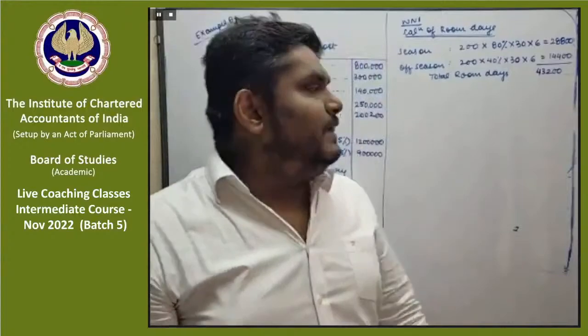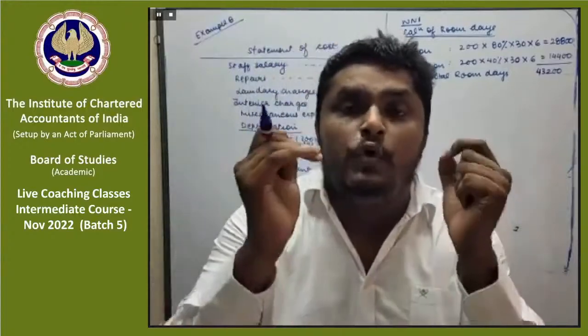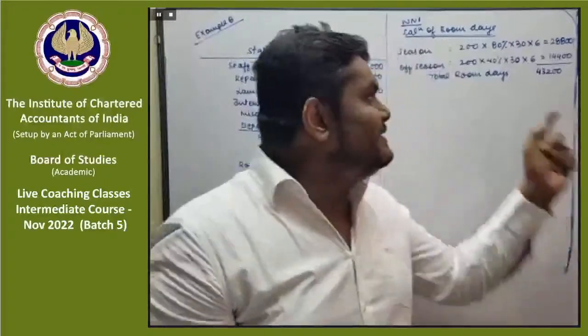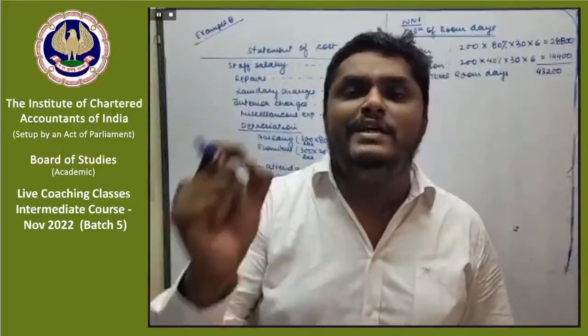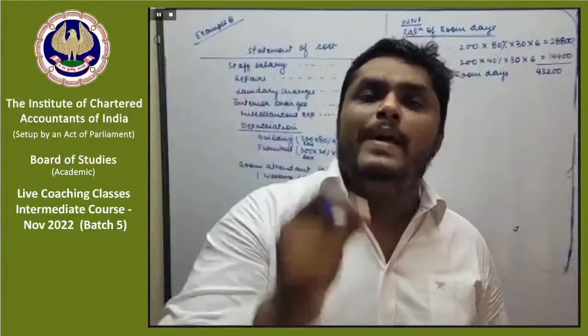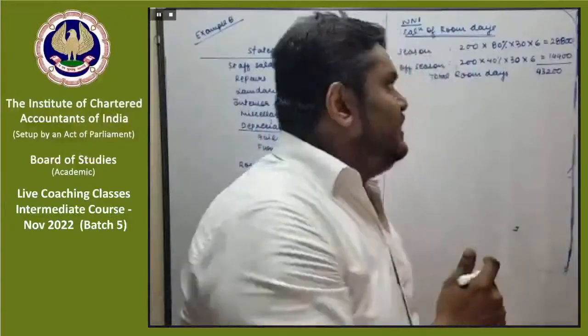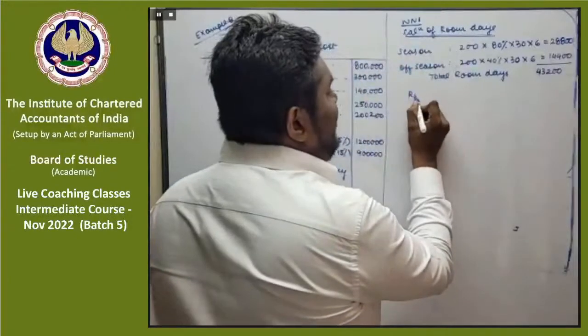So the total number of rooms occupied in a year is how much? 43,200. And the room attendant is paid for every room per day 15 rupees. So the room attendant salary will be how much?